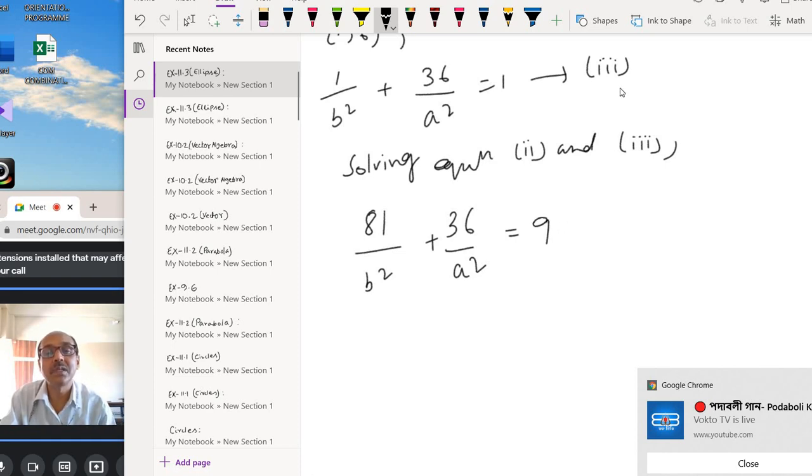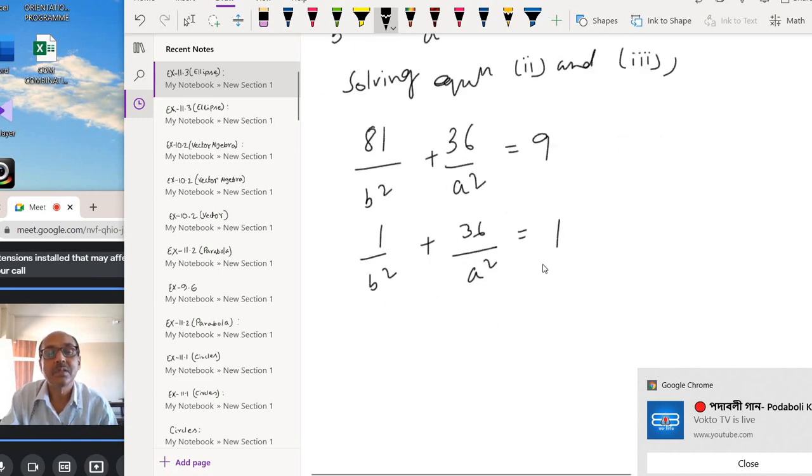And equation 3 multiplied by 1, as it is: 1 by b square plus 36 by a square equal to 1.